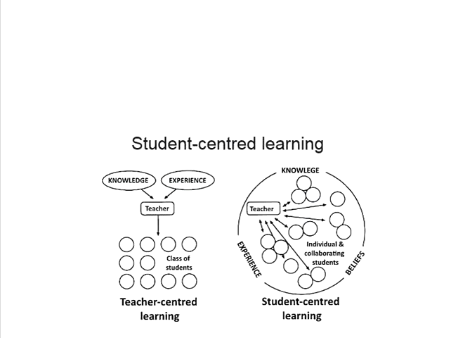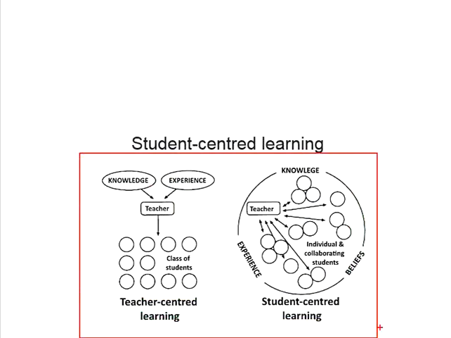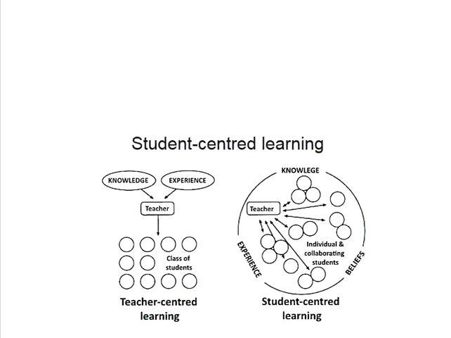Now, what is student-centered learning? You may refer to the diagram here to have an idea. In the traditional method, which is teacher-centered learning, you have a group of students listening to the teacher. The teacher has the knowledge and the experience, and then the knowledge and experience are delivered to the students through the teacher.